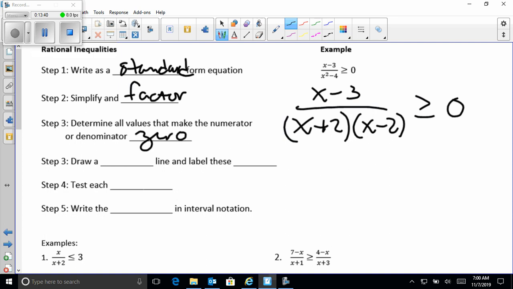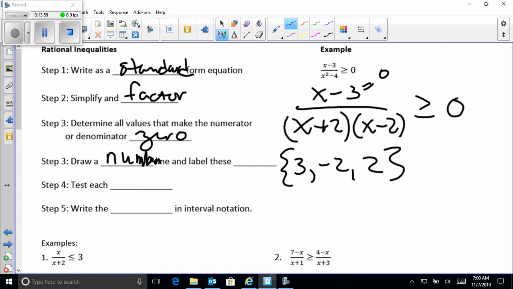At the top, what would make that 0 would be 3. So that's going to be one of my areas I need to be checking. And on the denominator, I'm going to have -2 and 2. And then I draw the number line and label these values.